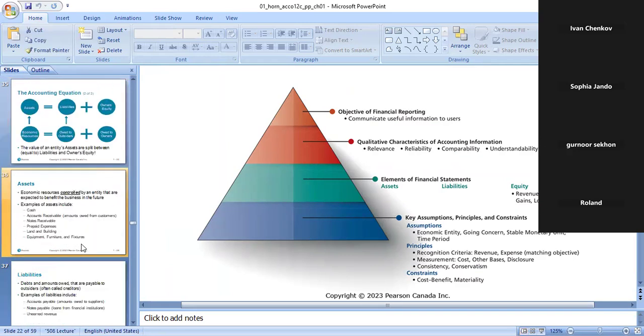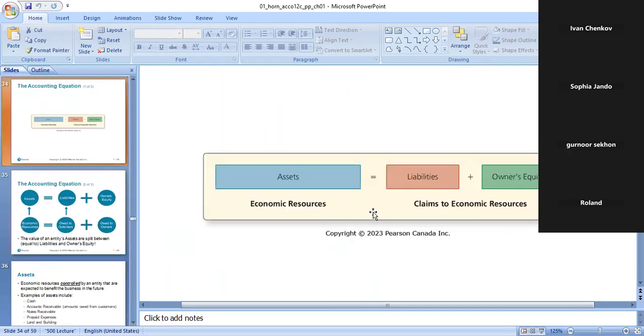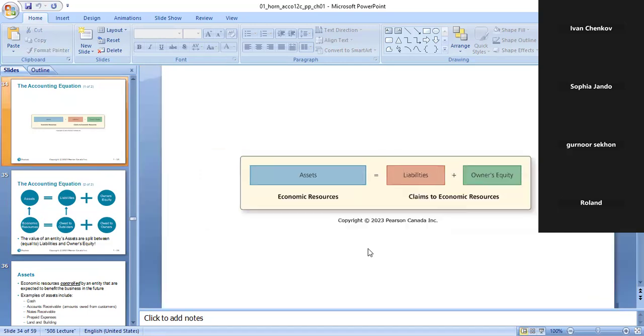Once we do that, we come to the basic accounting equation, which is assets equal liability plus owner's equity.